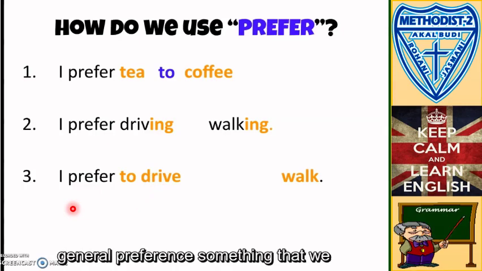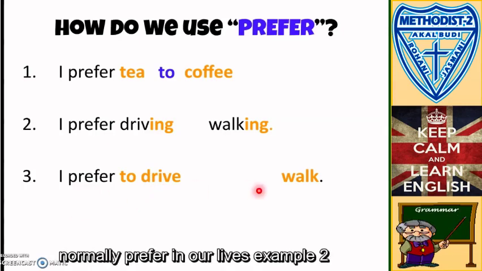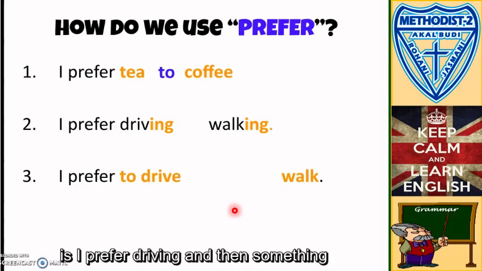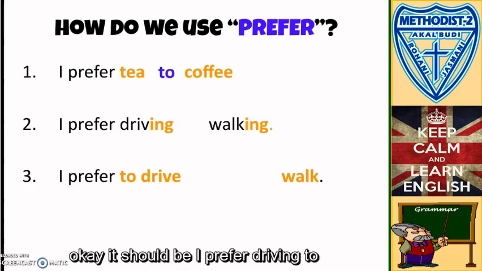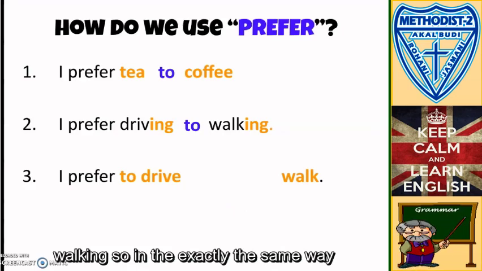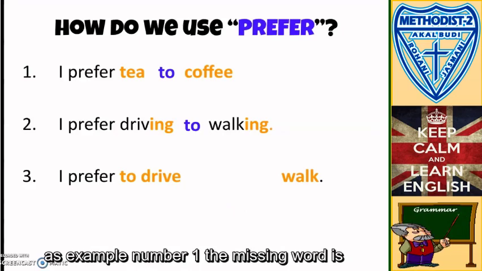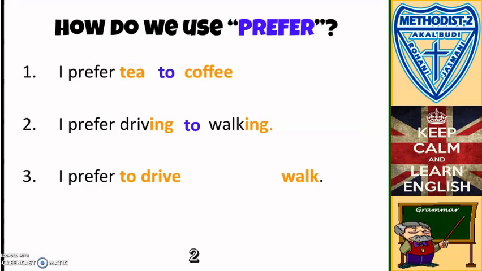And this is a general preference, something that we normally prefer in our lives. Example 2 is, I prefer driving, and then something missing, and walking. It should be, I prefer driving to walking. In exactly the same way as example number 1, the missing word is to.